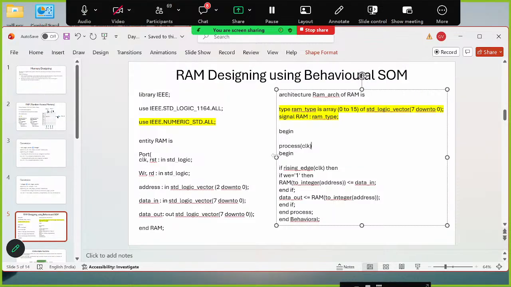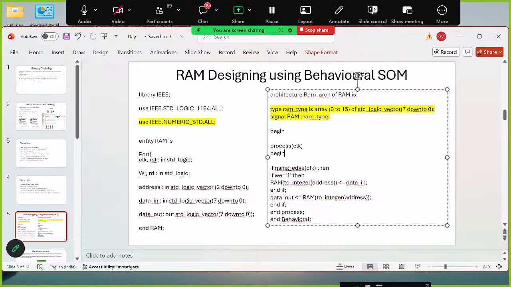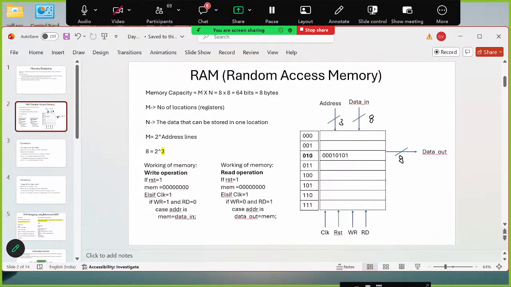What I did there actually, in this discussion, if you are learning, then you can find out that we have created a variable which should look like a memory. Look like a memory means it should have the capacity of 8 into 8 type. This type of variable I want, M into N type.